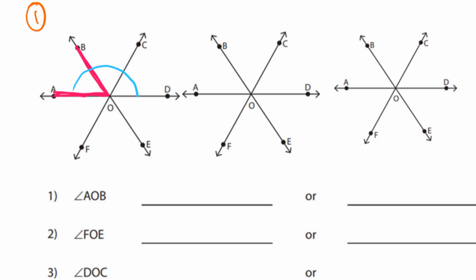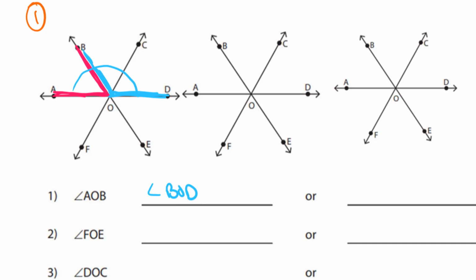I'm starting up here at B, going down to O, and then over to C to D. They've got to share a common side, which in this case is a ray. When we take a look at that, that will be angle BOD. That's one of my pairs with angle AOB. That is a linear pair.